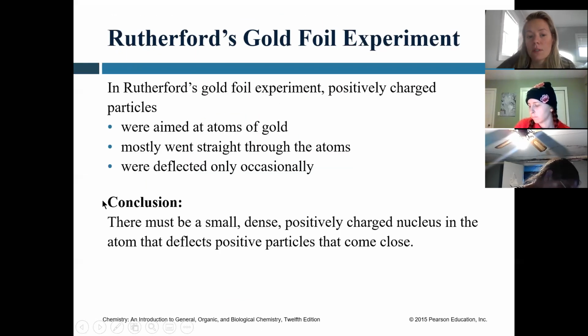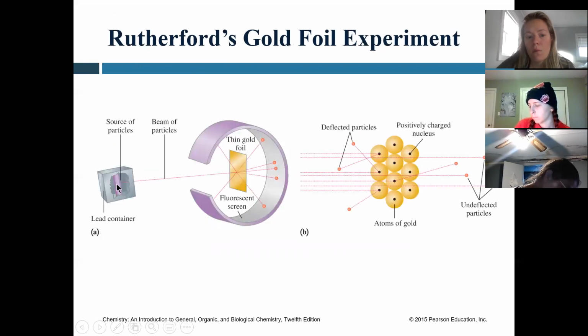And what he found was that when he shot the particles, some of them went straight through, but some of them actually deflected. Some of them almost came all the way back. This piece of rounded fluorescent screen here lights up when an alpha particle hits it, so it's really easy to see where the alpha particle has been.